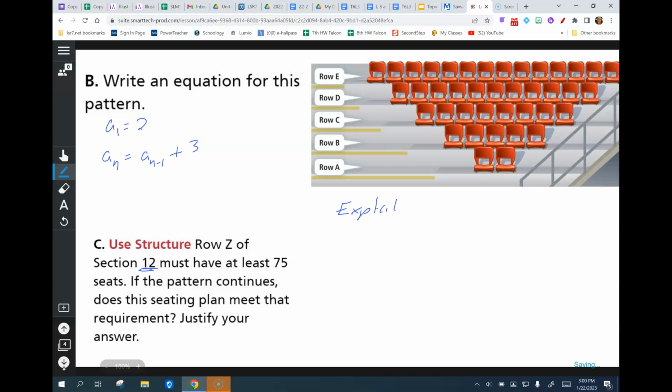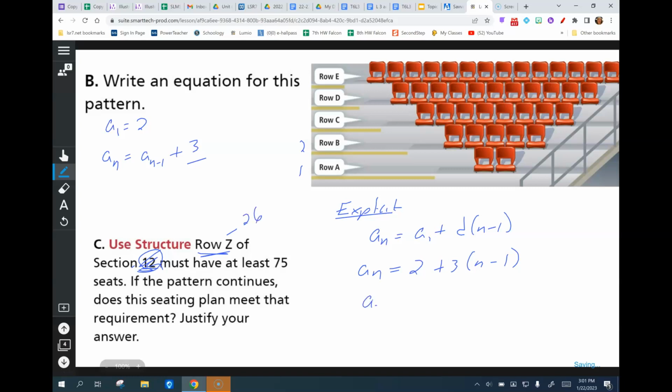So we go back to the explicit formula, and a sub n is equal to a sub 1 plus d times n minus 1. So a sub 1 is 2. The difference we already know is 3, and then we have n minus 1. So if they want us to find out row Z, and we're at row E, if this is row 1 and row 2, what's row Z? That's right, 26.